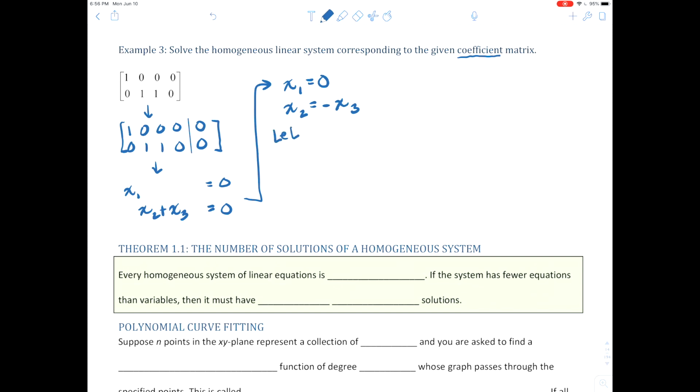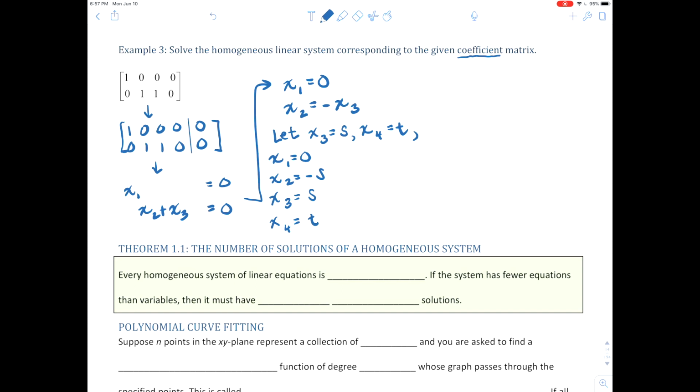And if we were to let x3 equal s, and don't forget about x4, you have to represent it, it would equal t. That's going to mean that we'll have x1 is 0, x2 is negative s, x3 is positive s, and x4 is t.